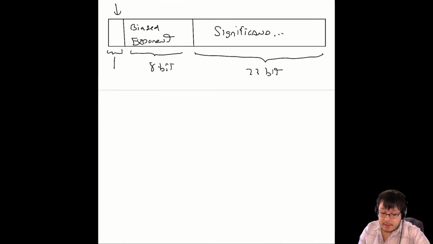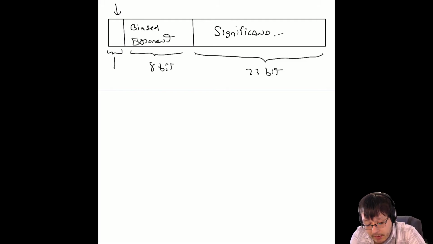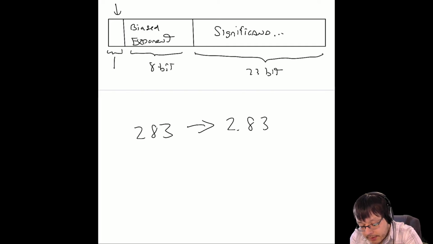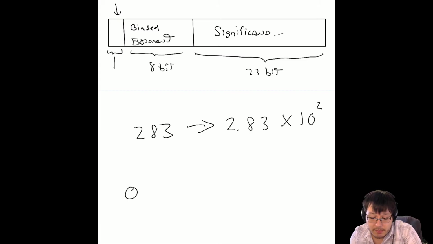So let's imagine a floating point world where we are keeping decimals in here. So if we were keeping the value of 283, we know that the scientific notation of that is 2.83 times 10 to the second. The way that you would keep this here would be a 0 because it's a positive number, a 2 in the exponent side.